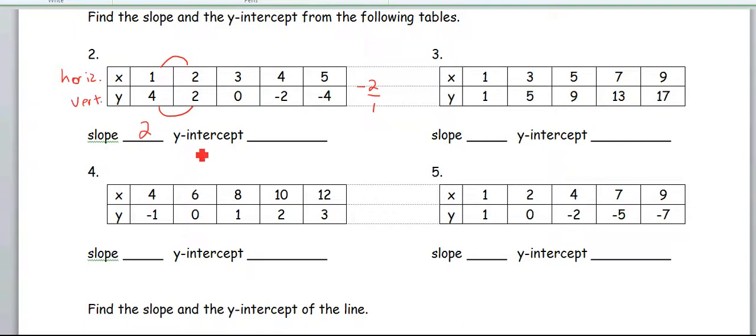I'm looking for where my x equals 0. And look at this, they've got a 0 in the y trying to fool us. But we need to figure out where x is 0. So I need to go back 1 this way. And so if I made this 0, and this is going from 2 to 4, this would be 6. So I could put in here 0, 6. All right.